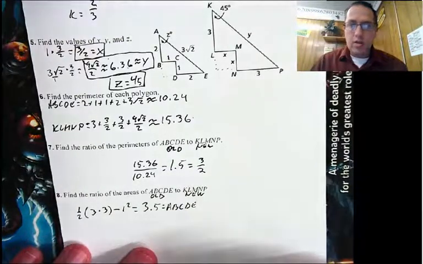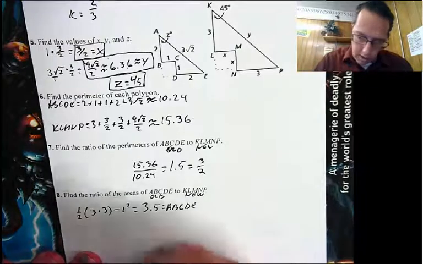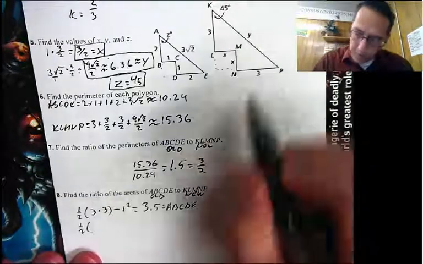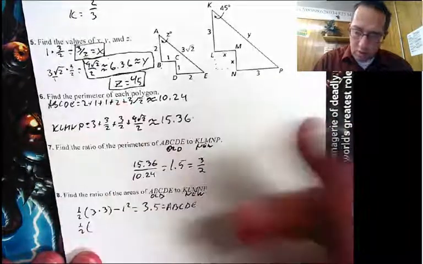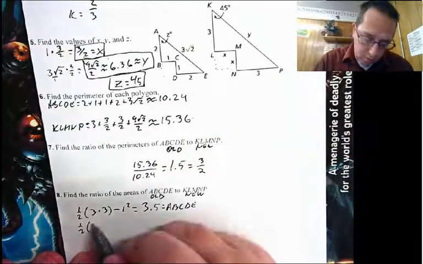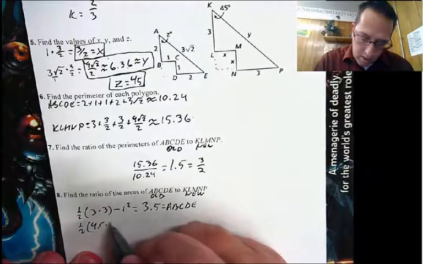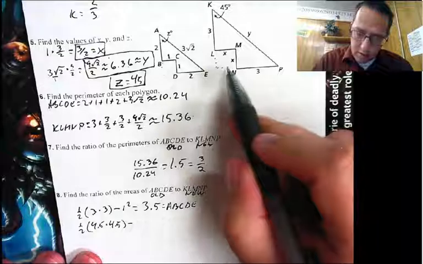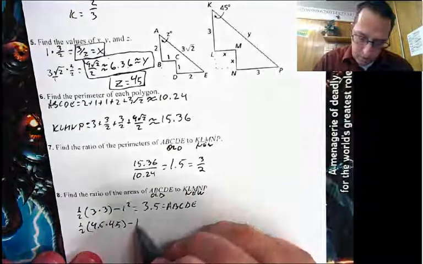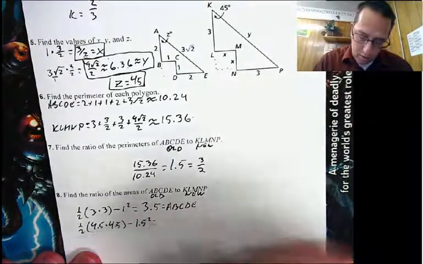Okay, now let's do the other one. K, L, M, and P. We have 1/2 times, let's see, 3 plus, what was this one? This is 3 halves or 1.5, so that's going to be 4.5 times 4.5 minus this 1.5 squared. Alright, let's see what we get there.